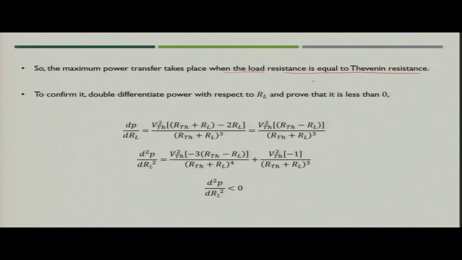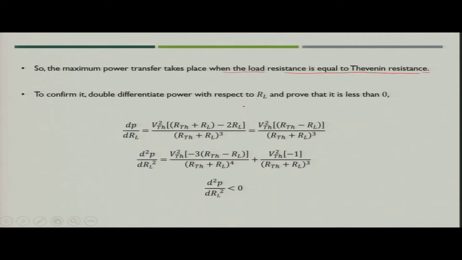When the derivative dP by dRL is equal to 0, the RL value we get, if supplied into the power P, might give a maximum or a minimum. Now we have to find out whether the condition we established by taking the derivative dP by dRL is really a maximum or not.